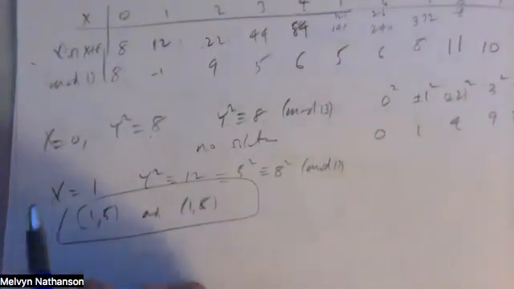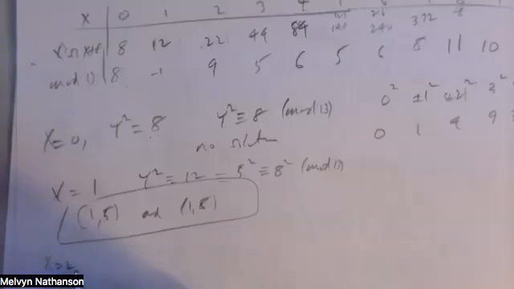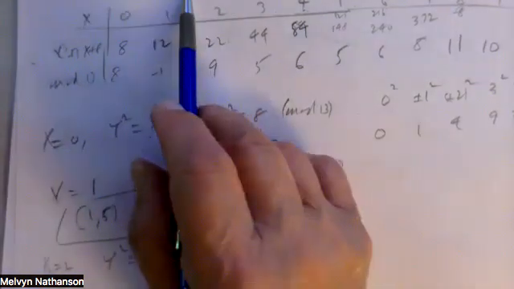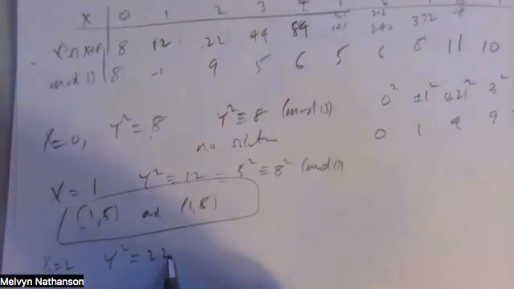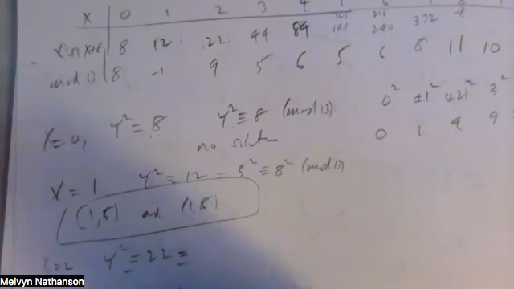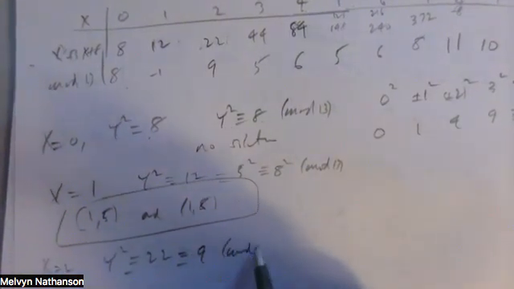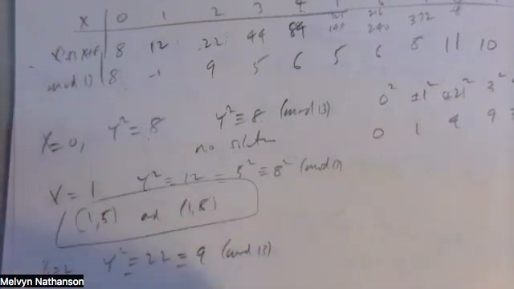What about when x is equal to 2? When x is equal to 2, we have to find y squared equal to 8 plus 16 plus 4, equal to 22, which is congruent to 9 mod 13.